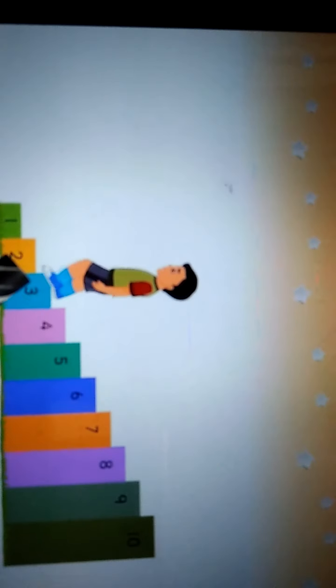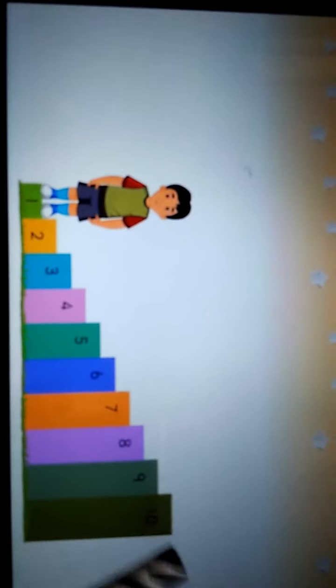Then he comes down to 7, 6, 5, 4, 3, 2 and last 1.